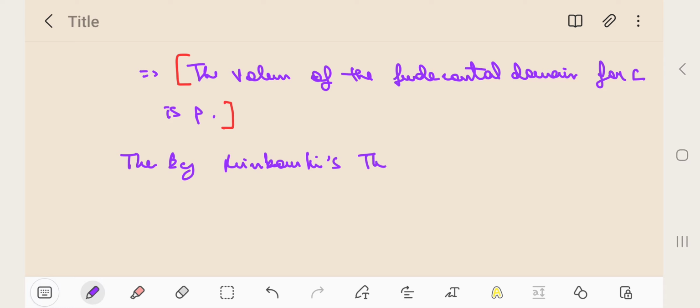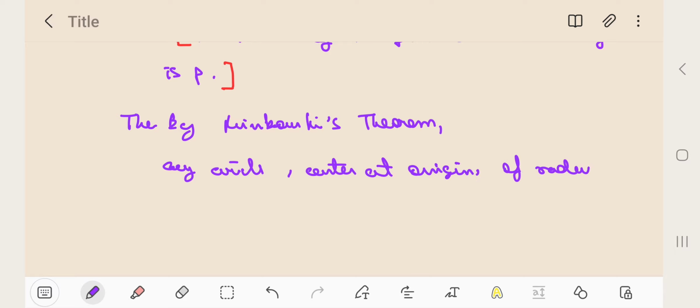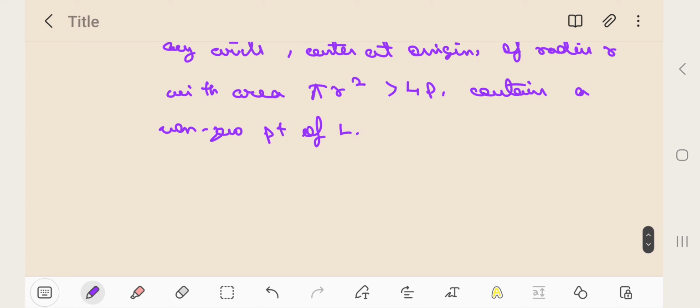Then by Minkowski's theorem, any circle centered at origin of radius r with area pi r square, which should be greater than or equal to 4p, contains a non-zero point of L. So I can efficiently choose r square to be 3p by 2.